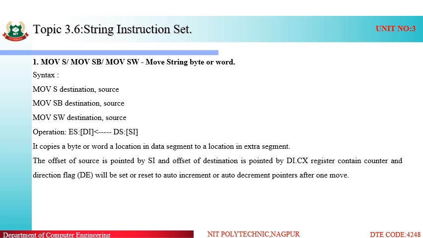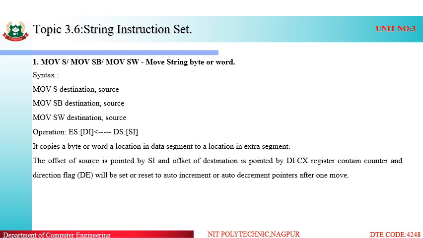The offset of the source is pointed by SI. Offset means the index. The index of the source segment is pointed by SI, and the offset of the destination is pointed by DI. The CX register contains a counter, so this instruction is very important.